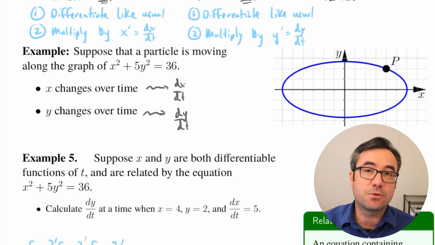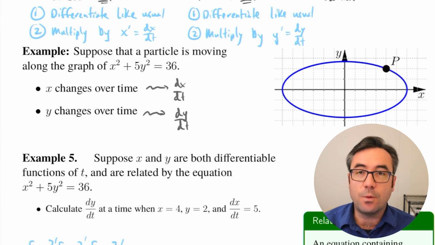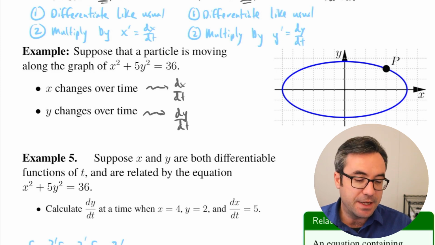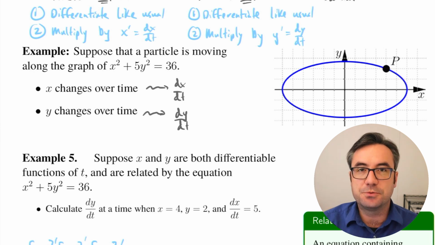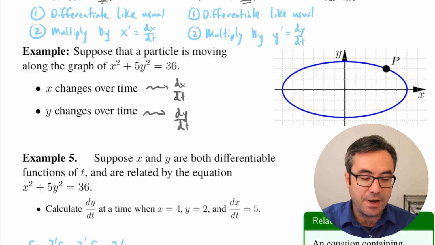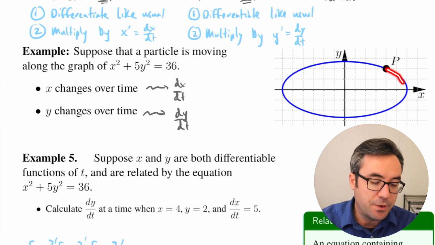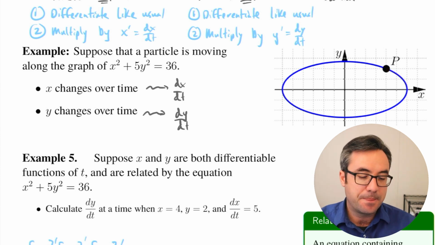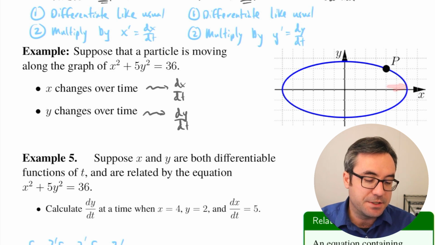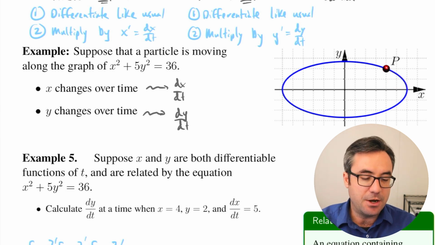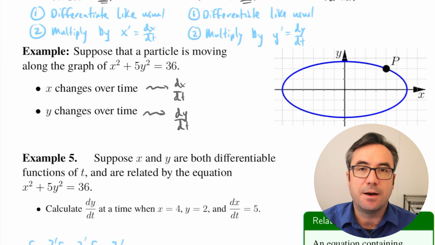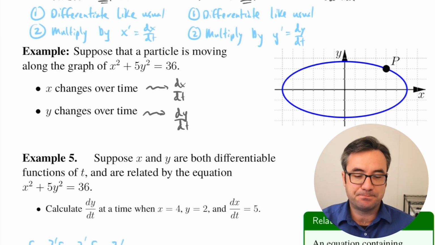We know the x-coordinate is increasing, and we know the y-coordinate is decreasing. That's telling us that our particle is moving in this direction. There are really two options for where this particle could be moving, but there's only one direction that gives us x values that are increasing and y values that are decreasing, and it's along this section of the curve.